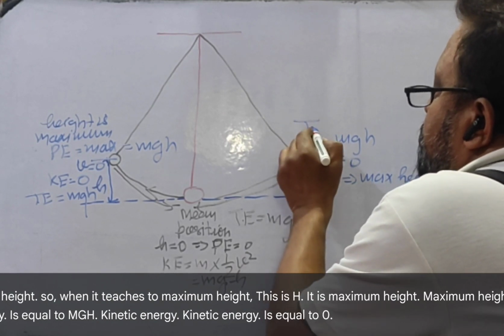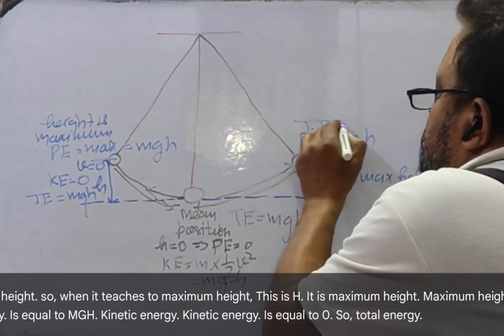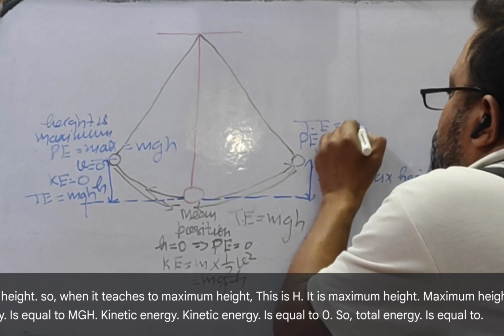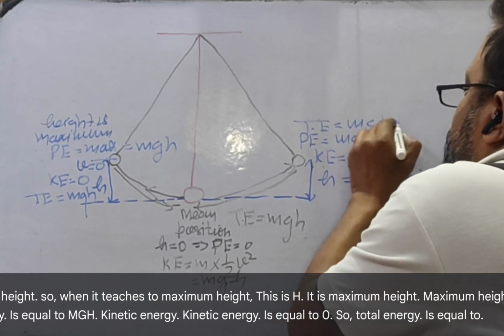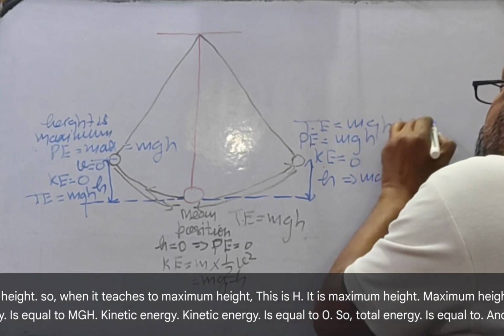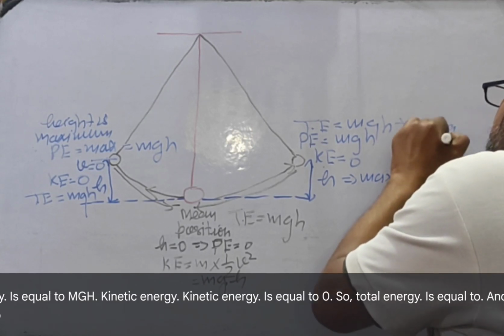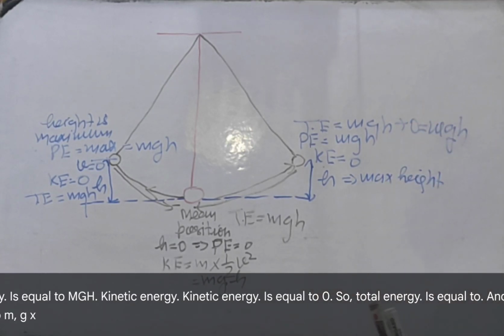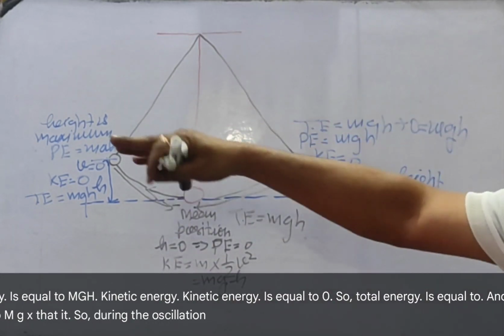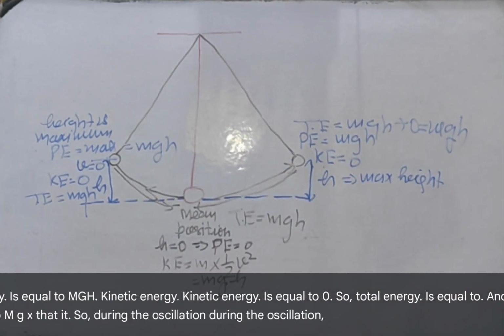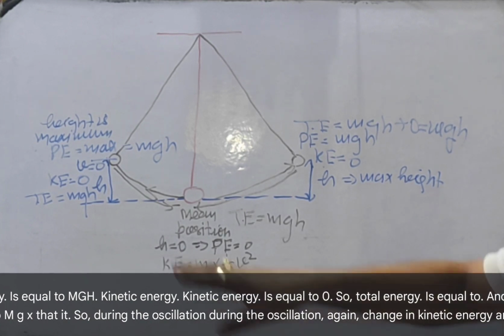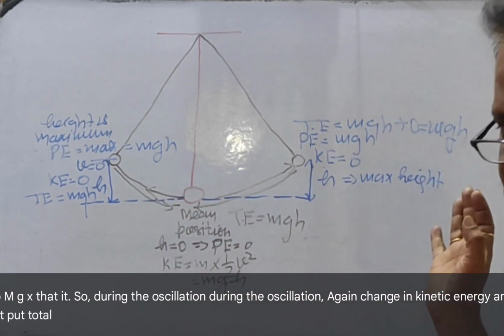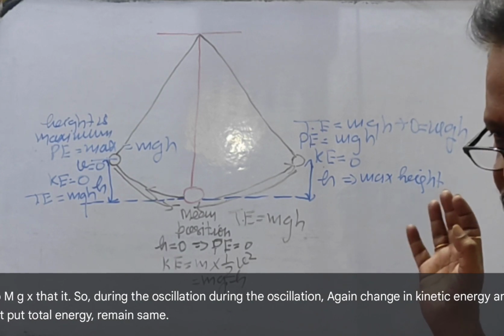So total energy is equal to mgh plus zero is equal to mgh. Get it? So during the oscillation, kinetic energy and potential energy change, but total energy remains the same, right?